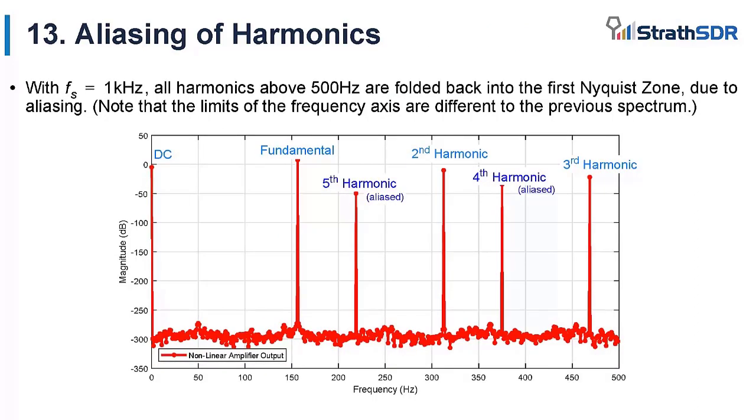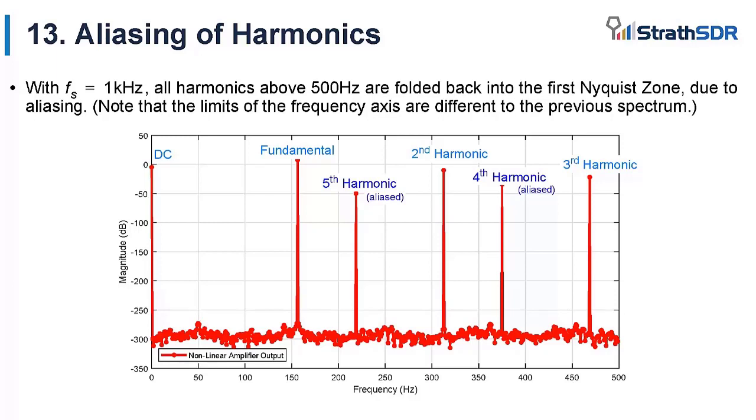We can see the effect of aliasing more clearly if we redraw the spectrum using the limits of 0 to 500 Hz, or Fs over 2. Notice that the fourth and fifth harmonics have aliased here, and as a result, the fifth harmonic is actually situated quite close to the fundamental.